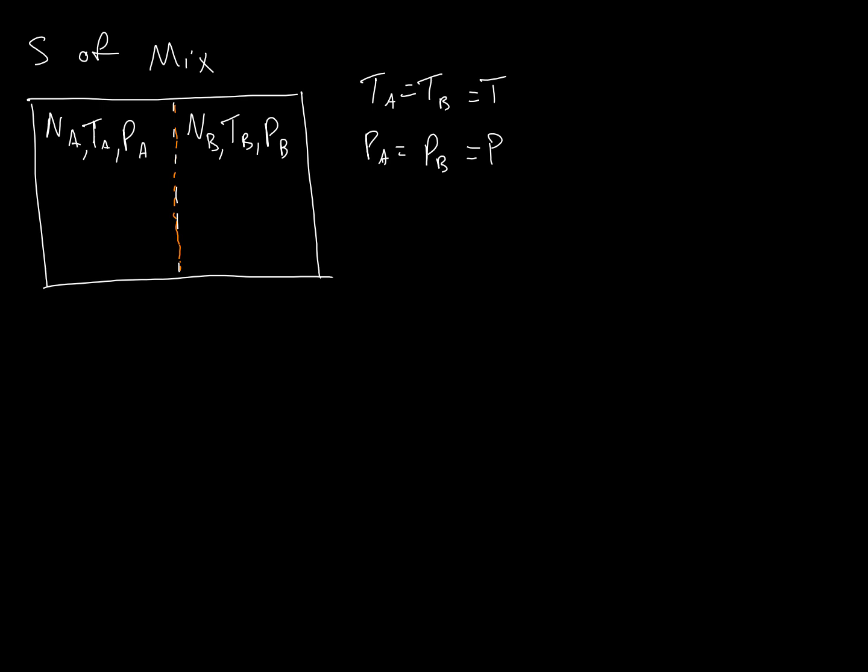Okay, so what we're trying to get here is what is the entropy change of mixing. So ultimately what we're looking at is what is the entropy at the initial state versus the entropy at the final state. So delta S of mixing is equal to the S final minus the S initial.